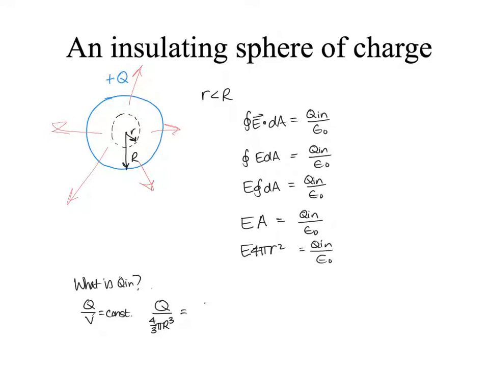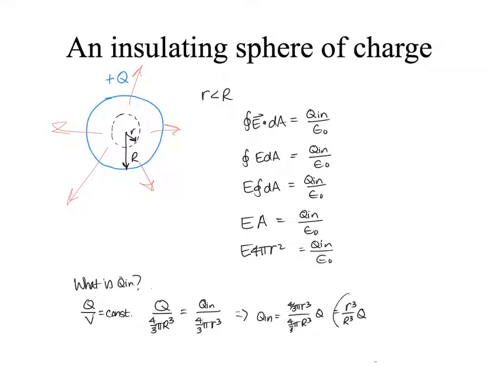But if I take a smaller piece, which has the smaller radius, I'm only going to get q in. So I can rearrange this, and q in is going to be a fraction of the total charge. It's going to be 4/3 pi little r cubed over 4/3 pi big R cubed times Q. So it's just little r cubed over big R cubed times Q.